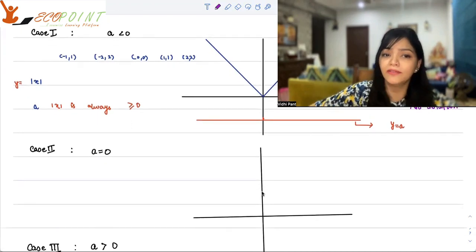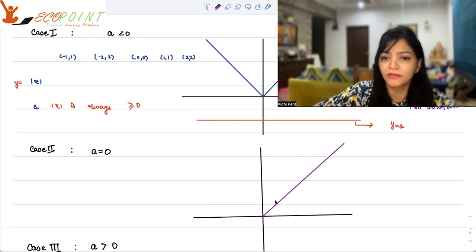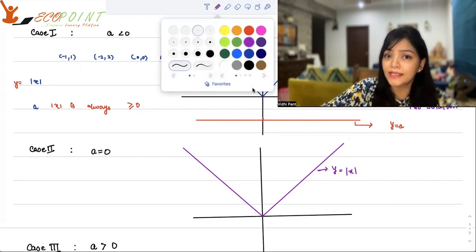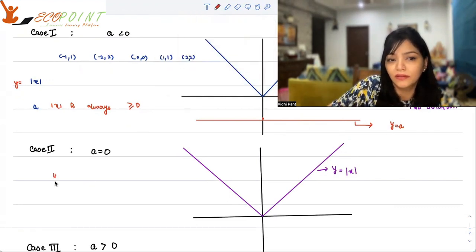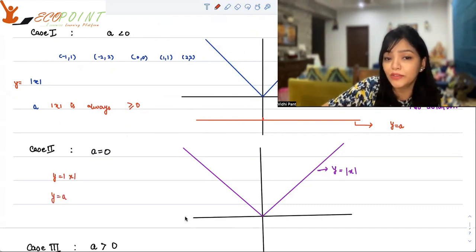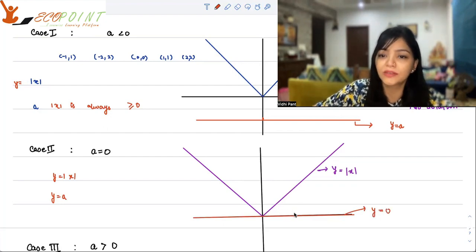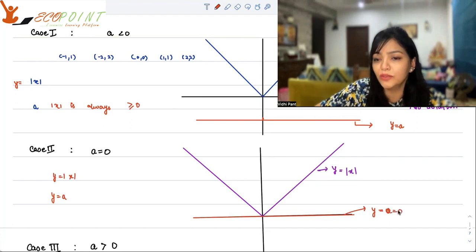But when we have a equals to 0, modulus of x graph is again this V-shaped graph, y equals to mod x. Now consider the second graph, which is y equals to a, and a is equal to 0 this time. If a is equals to 0, so this is the line that is x-axis where y is equal to 0, right? Y is equal to a, which is equal to 0.